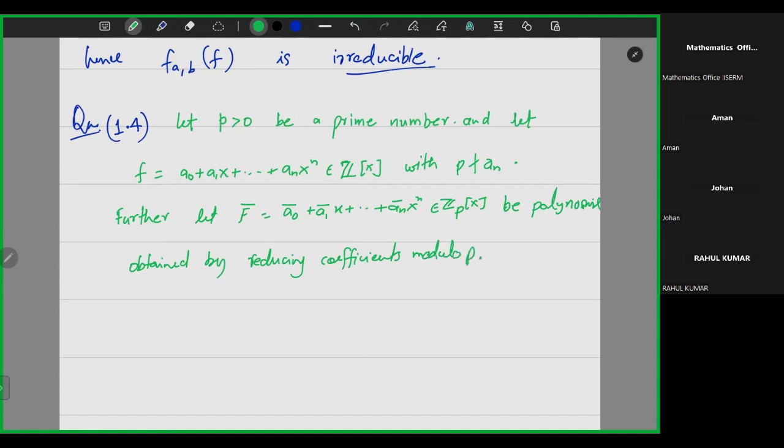So that if F bar is irreducible in ZpX, then F is irreducible in ZX.